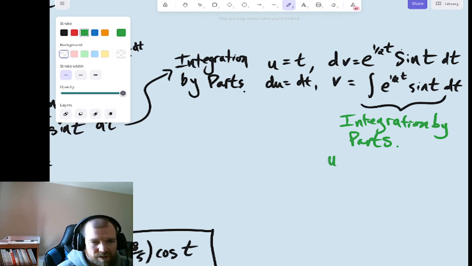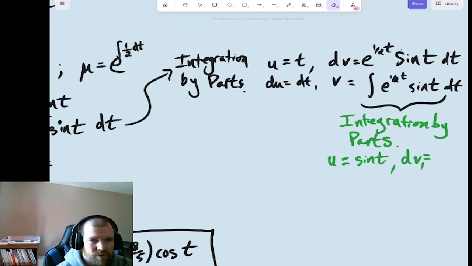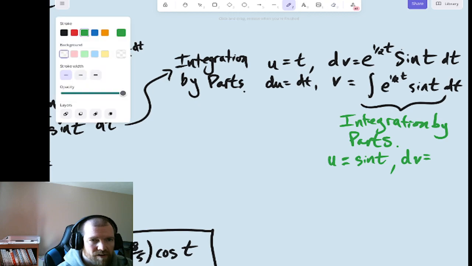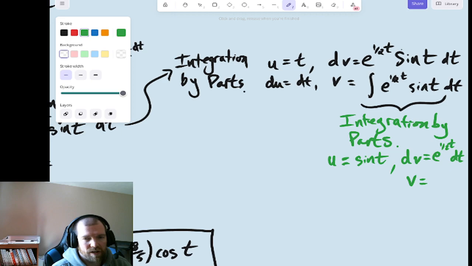Okay, the u for this one, the thing that I want to derive, is probably going to be the sine of t, and dv, the thing I want to integrate, is going to be e to the 1/2 t dt. V then is going to be the integral of this. When you derive it, you get a 1/2 down, so we need a 2 out front.